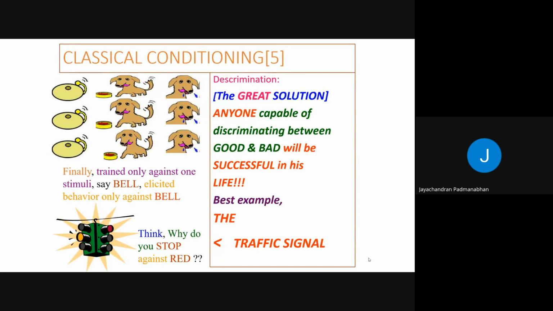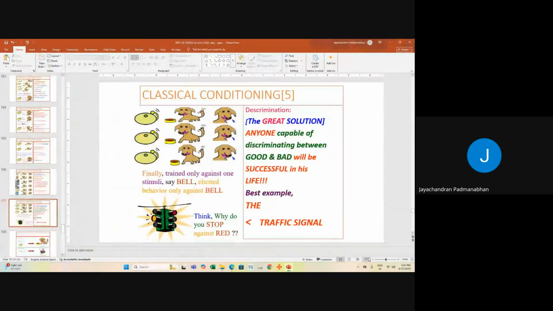Many trucks, lorries, cars and buses are flying by. If he crosses when the red light is on, that will be the end of his life. He won't cross. He may throw away his bike and run, because the police are chasing. He will never cross. So it's our duty to train the children right from the start, and train ourselves also, to discriminate between good and bad.